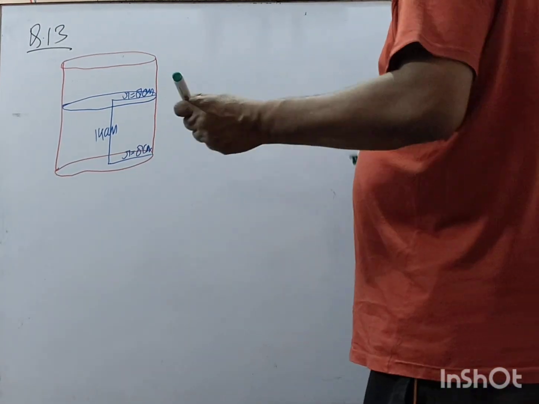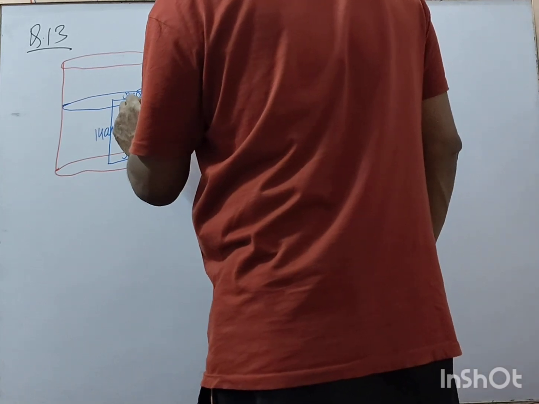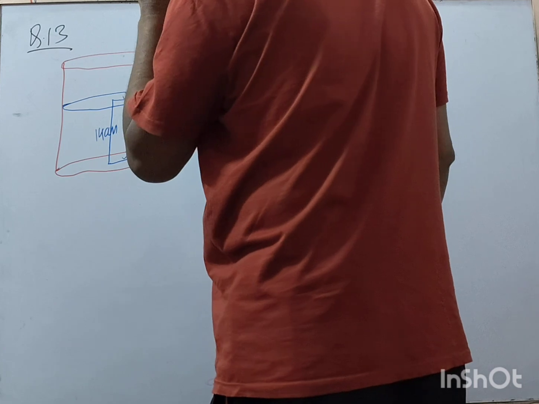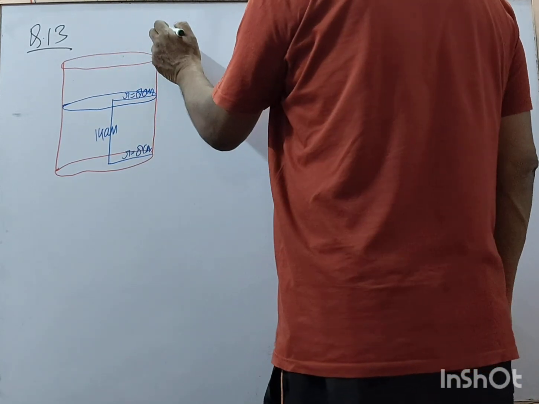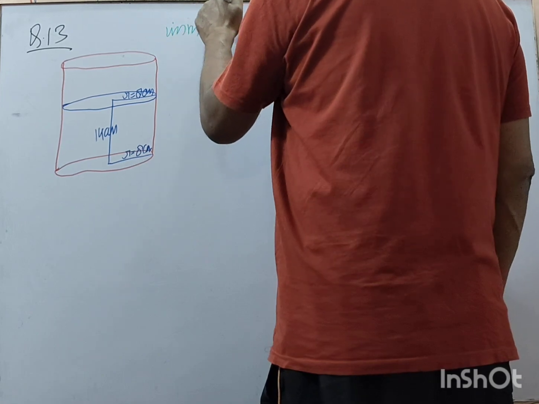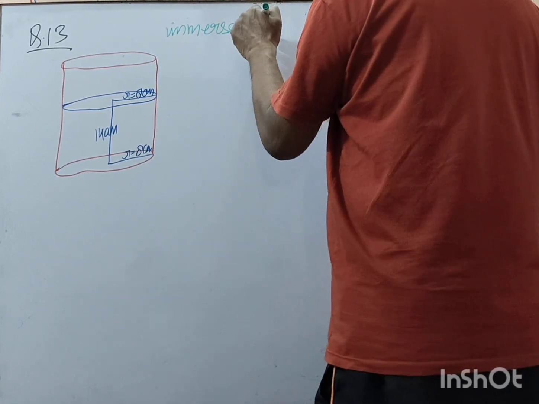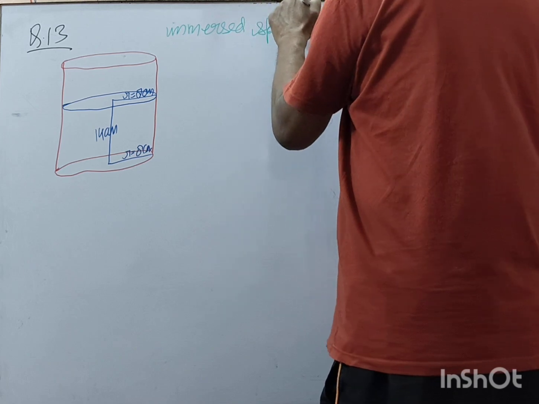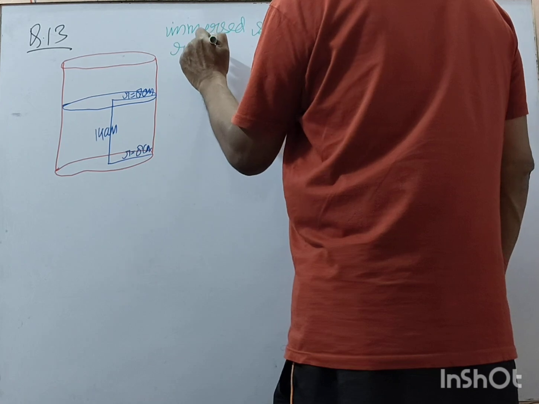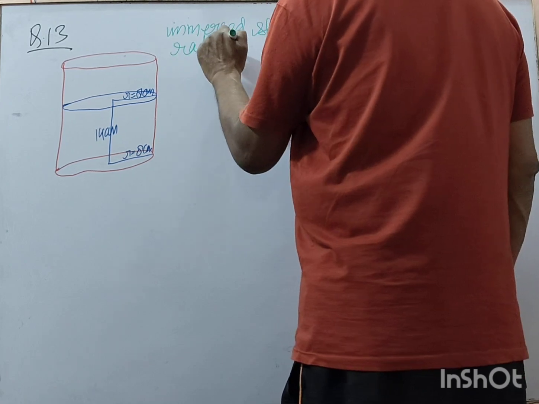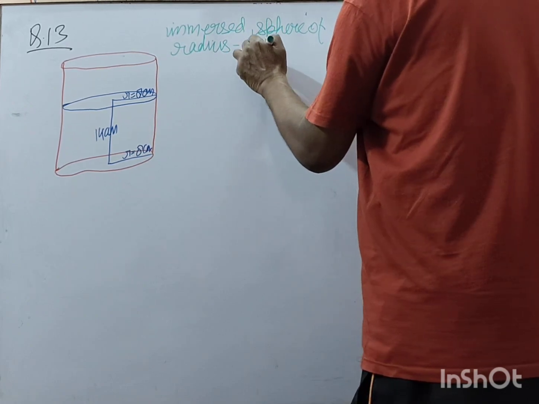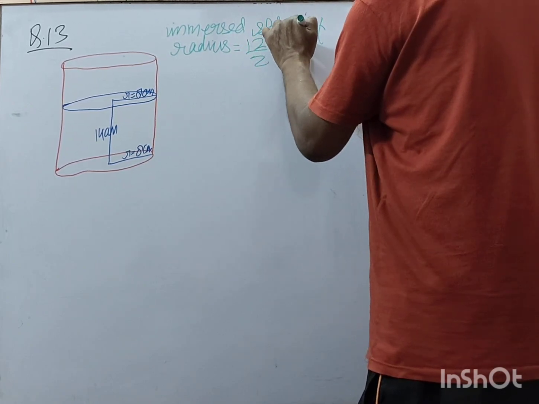When you immerse the sphere, diameter is 12 centimeter, and radius is 12 by 2, which becomes 6 centimeter.